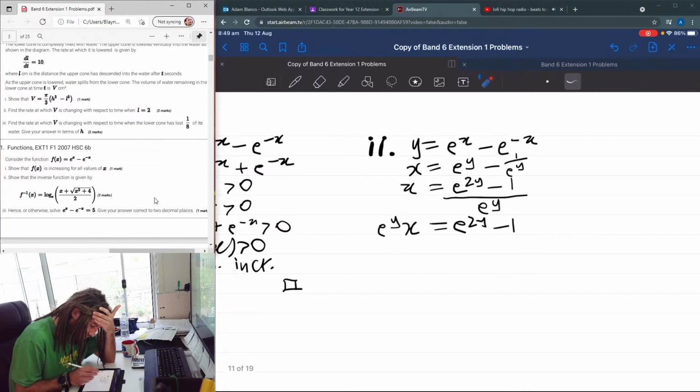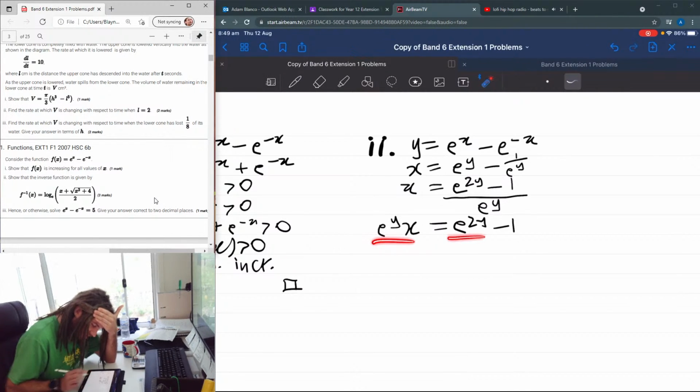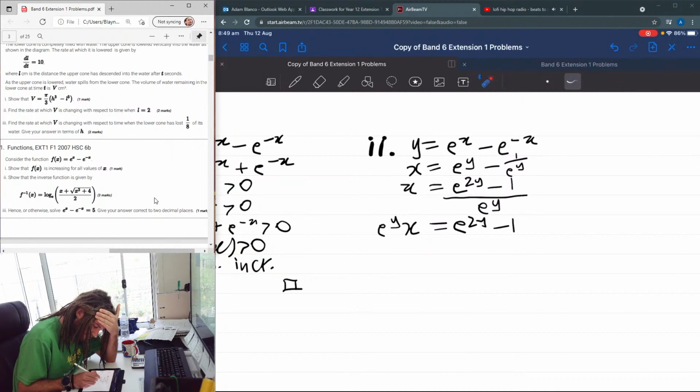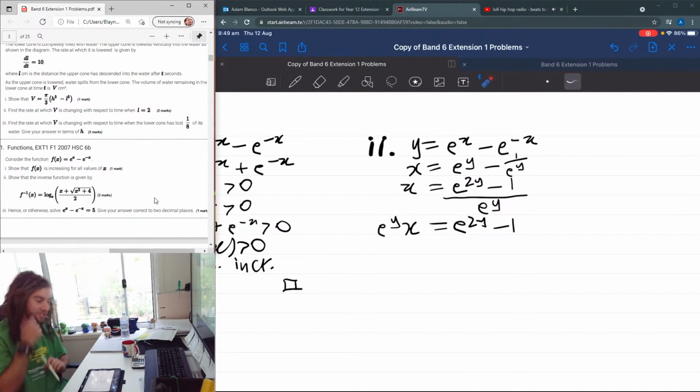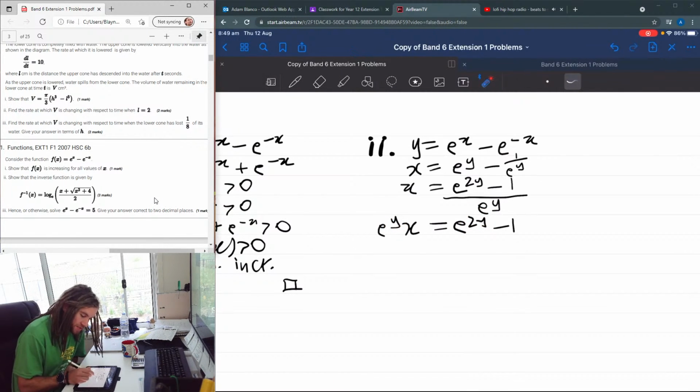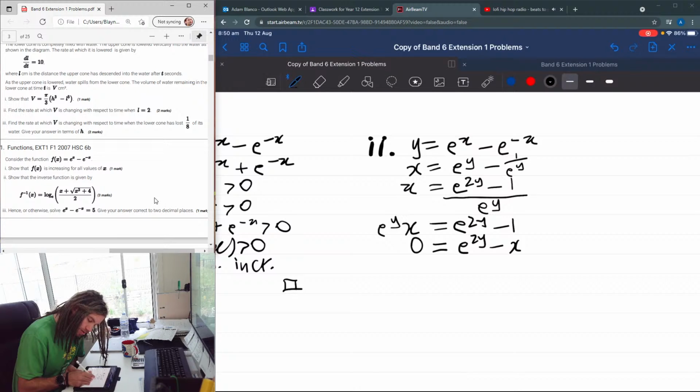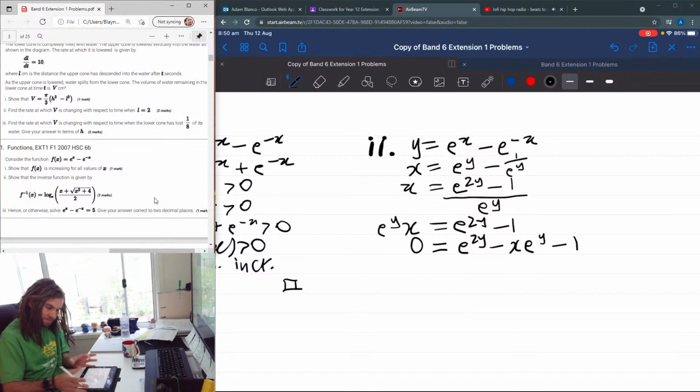Yeah, so this is what I was saying before, when you're looking at two things that have exponentials on both sides, and one of them's double the other power, then it's probably the case that you're going to have to make a polynomial substitution. So I'm going to move everything over so that this is positive. E to y minus x minus 1 because of this x.